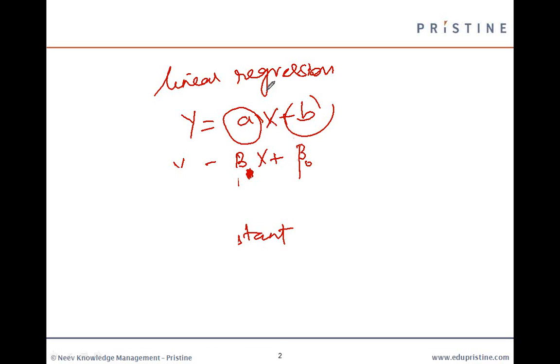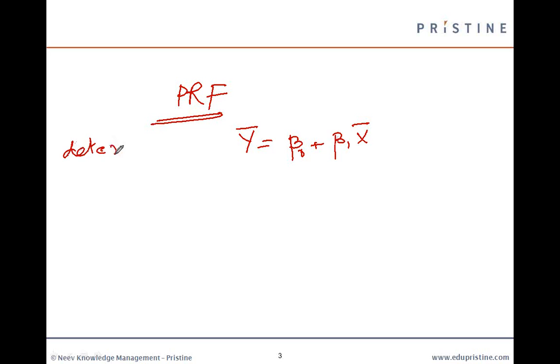Okay. Now there is a slight catch here which you need to understand. The traditional population regression function gives you a straight line equation, and statistics says that I can give you an equation like this, that is y bar equal to beta 0 plus beta 1 x bar, and this is a deterministic function.